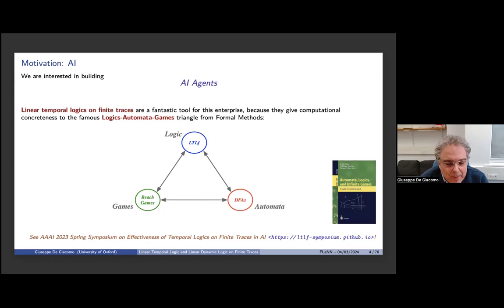So this triangle allows you to do decision making for arbitrary LTLf specifications. You can think about planning in AI through essentially DFA technology, which is actually very effective.